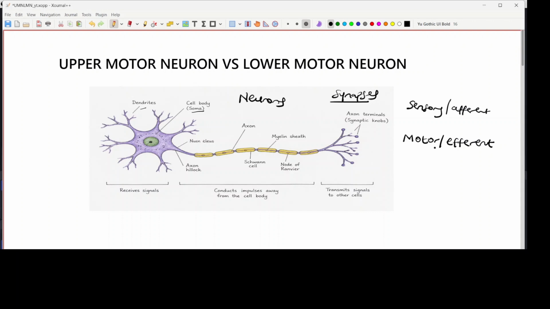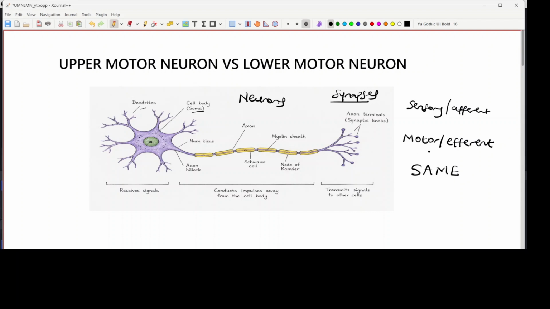These neurons carry information away from the central nervous system to effectors. So functionally, these are the major types of neurons that we have. To always remember that sensory neurons are afferent and motor neurons are efferent, we can use the same mnemonic.